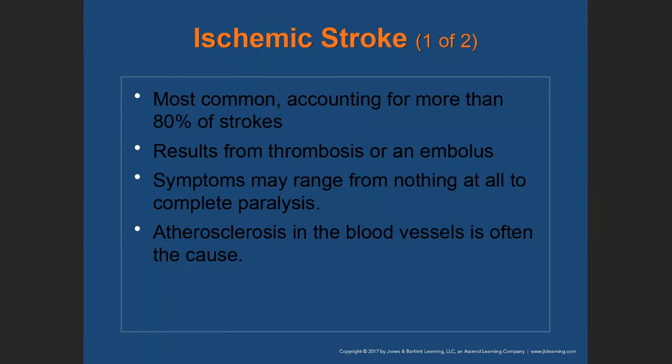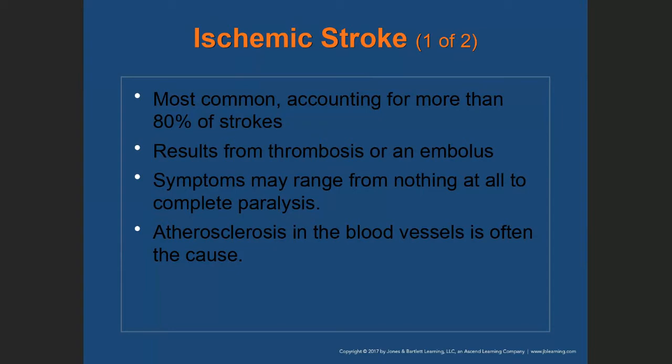And just like how a heart attack occurs, it is the same principle. There is fatty buildup in the cerebral artery. This is atherosclerosis. Over time, this fat hardens and becomes arteriosclerosis. And the patient then has what we would consider to be uncontrolled hypertension.